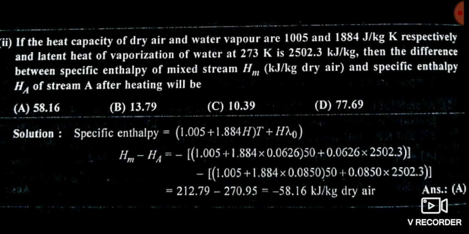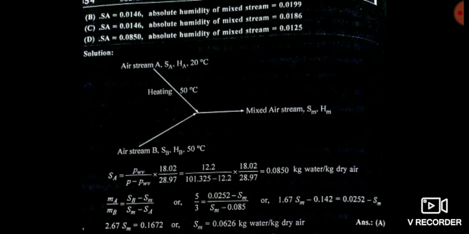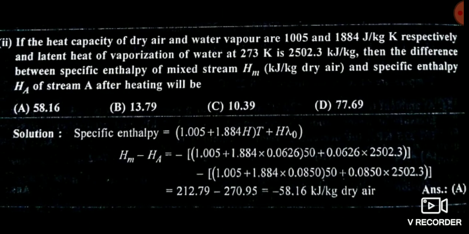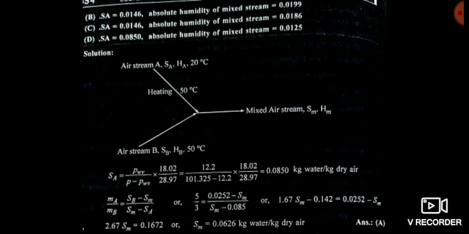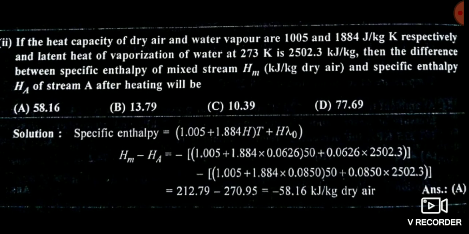So we will first calculate the specific enthalpy of the mixture, that is 1.005 plus 1.88 into absolute humidity of the mixture, that is 0.0626, into temperature, that is 50, plus H into lambda naught, minus 1.005 plus 1.88 into the absolute humidity of stream A. Friends, here we have calculated the absolute humidity of stream A, that is 0.0850.